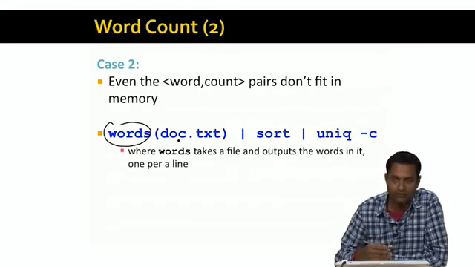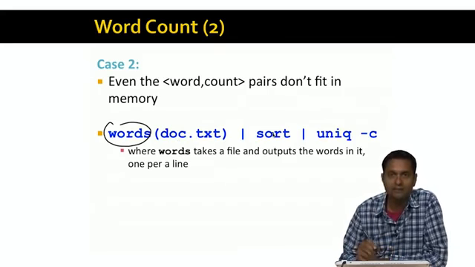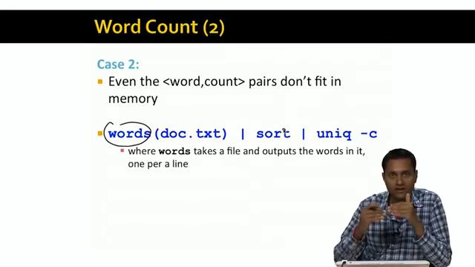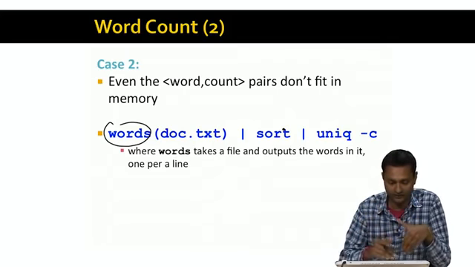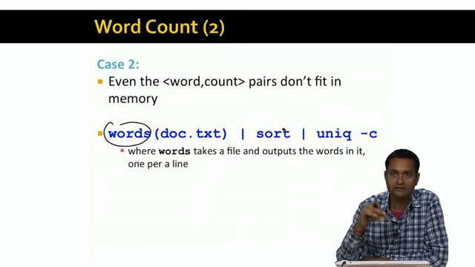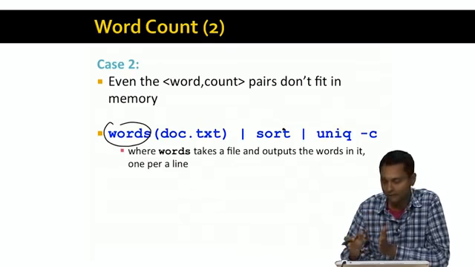And once those words are output, I can pipe them to a sort, and the sort sorts the output of that. And once you sort it, all occurrences of the same word come together. And once you do that, you can pipe it to another little handy utility called uniq.